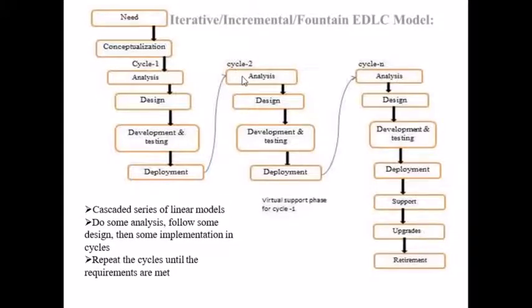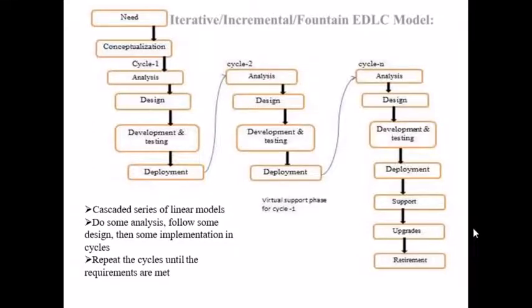Again these steps are repeated: analysis, design, development and testing, deployment, etc. This repetitive implementation of the phases is the essence of this particular model. This iterative model is implemented to overcome the difficulties in the waterfall model. So here the cyclic execution of the different phases is done.